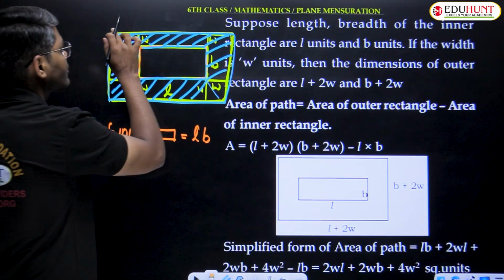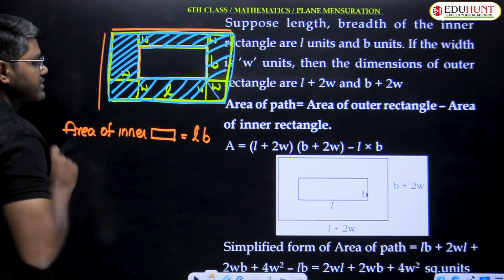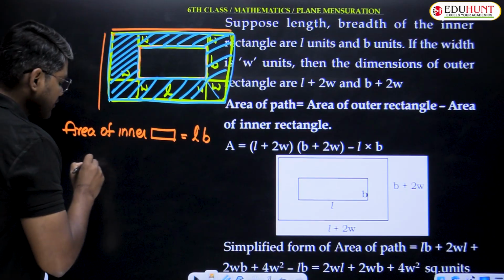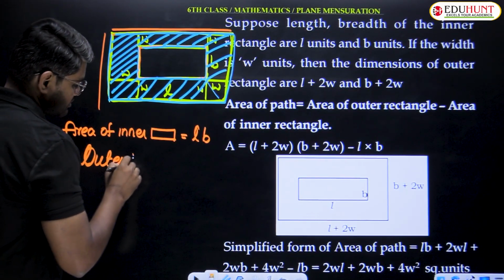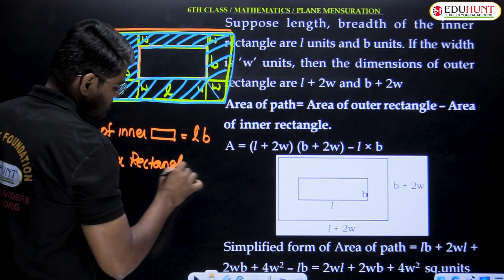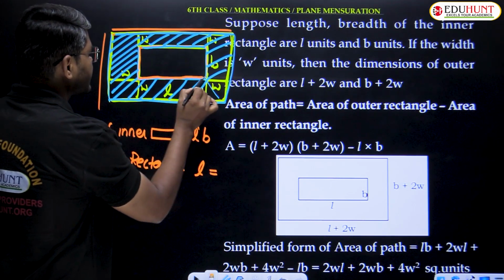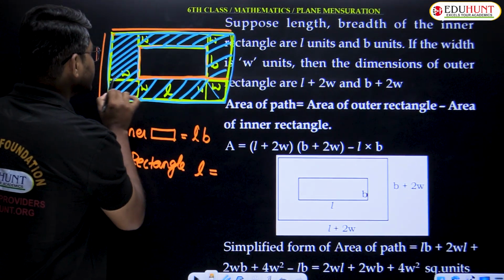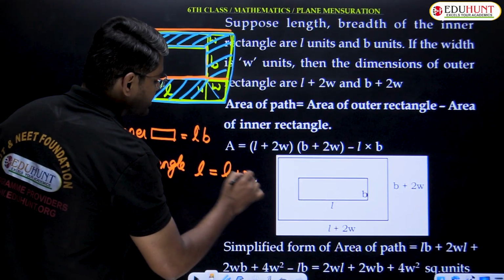Now, we have to find the length of this outer rectangle and breadth of this outer rectangle. So, length of outer rectangle, so let's take outer rectangle. Length is equal to, this is inner rectangle L, this is W, this is W. So, L plus 2W here.